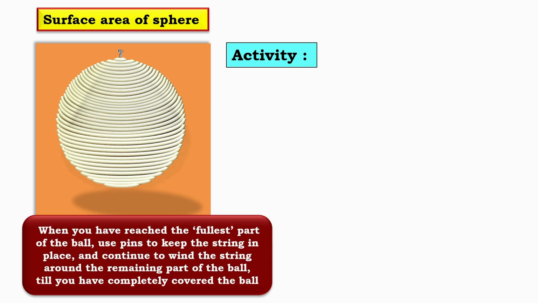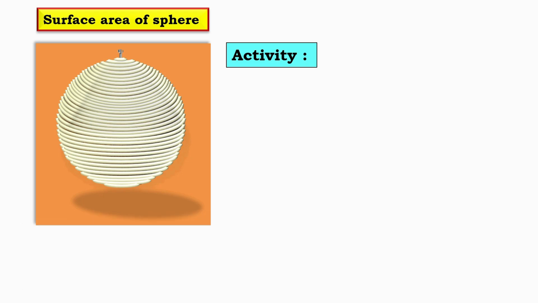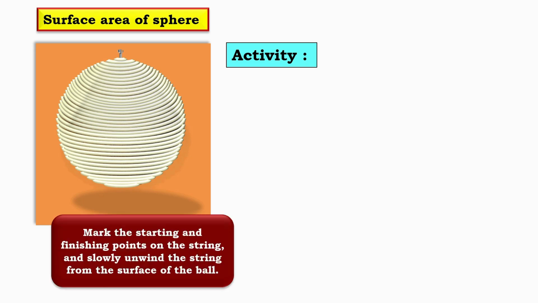Now when you have reached the fullest part of the ball, use pins to keep the string in place and continue to wind the string around the remaining part of the ball till you have completely covered the ball. So we have already done that activity. Now mark the starting and finishing points on the string and slowly unwind the string from the surface of the ball. Now we have to take the string out.